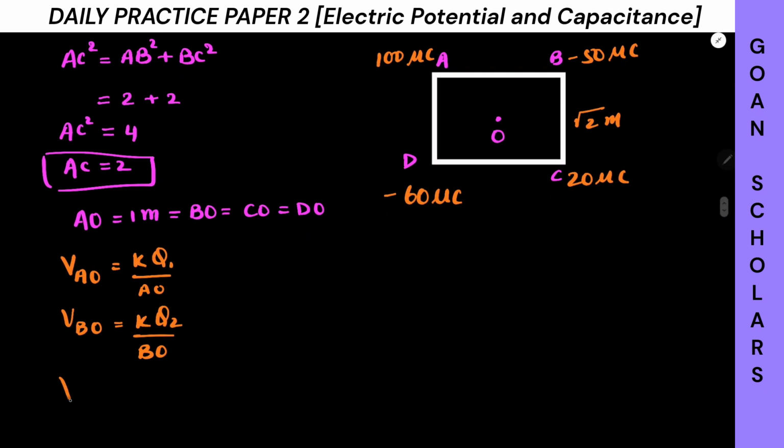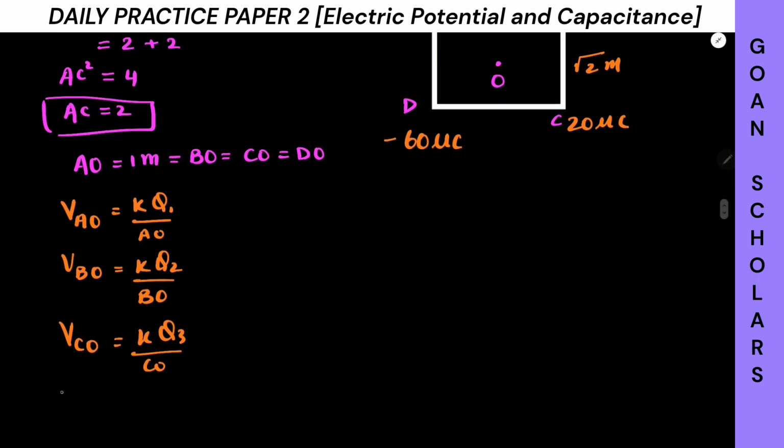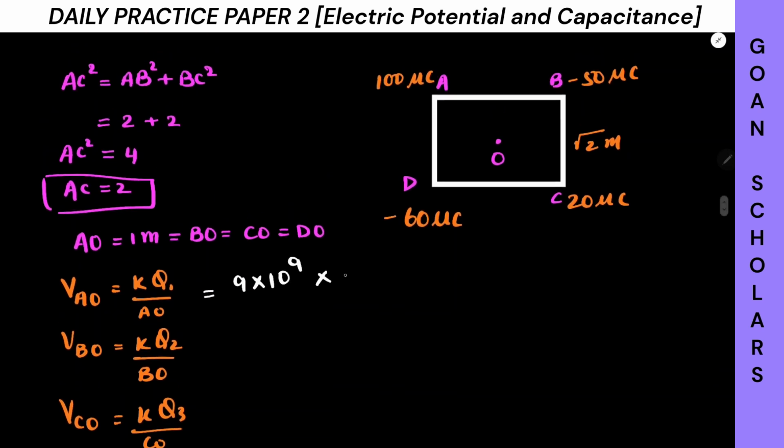Similarly, potential at CO will be K Q3, the charge at C, upon CO, and VDO will be equal to K Q4 upon DO. Now what is K? Sir, K here is 9 into 10 to the power 9. What's the first charge? 100 microcoulomb. So it will be 100 into 10 to the power minus 6 upon AO, which is 1.